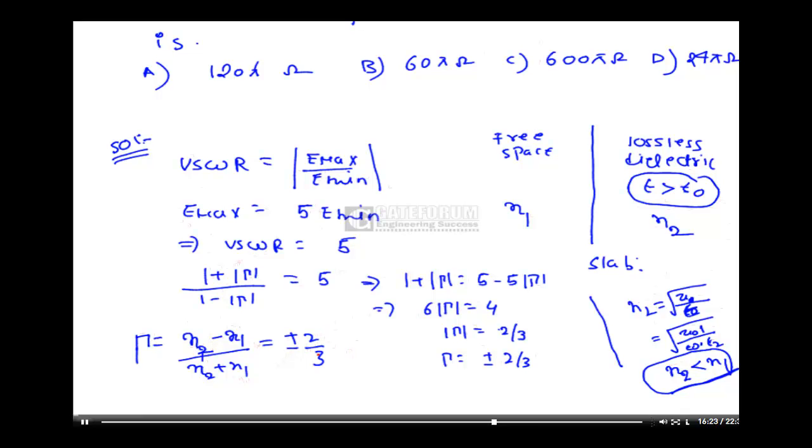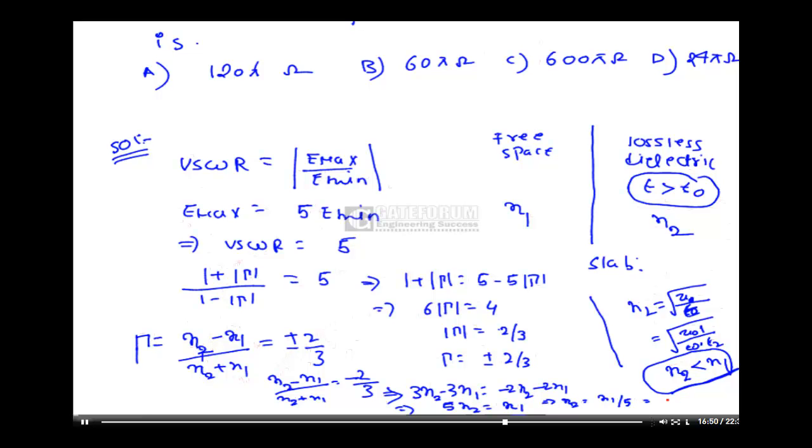So minus 2/3 means (eta 2 - eta 1) / (eta 2 + eta 1) = -2/3. Now simplify this: 3 eta 2 - 3 eta 1 = -2 eta 2 - 2 eta 1, which implies 5 eta 2 = eta 1, so eta 2 = eta 1 / 5.